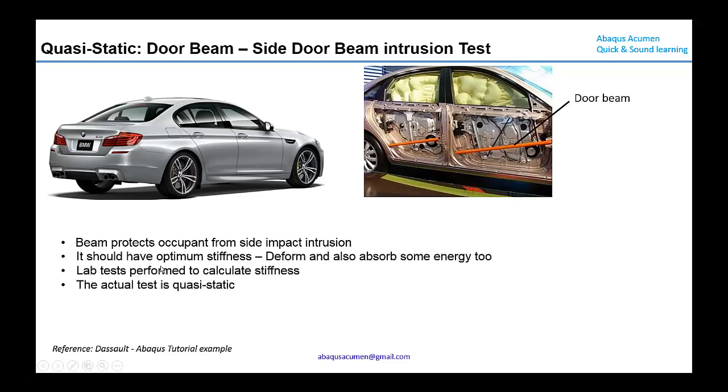These side door beams are evaluated for their stiffness under quasi-static, that is slow load application, in lab tests. So we are simulating this performance evaluation of the side door beam under the quasi-static condition, which will mimic the slower load application.